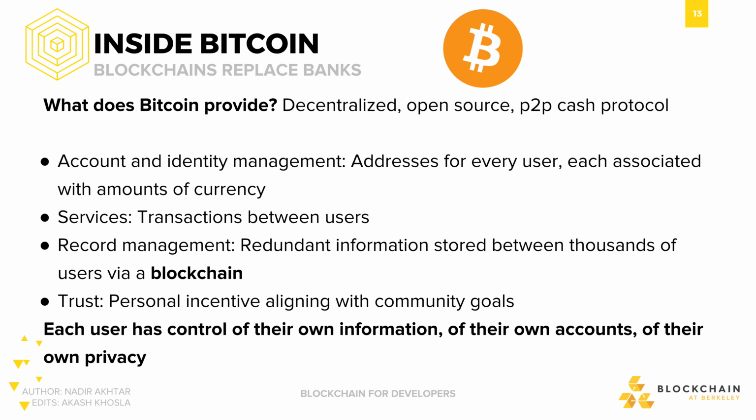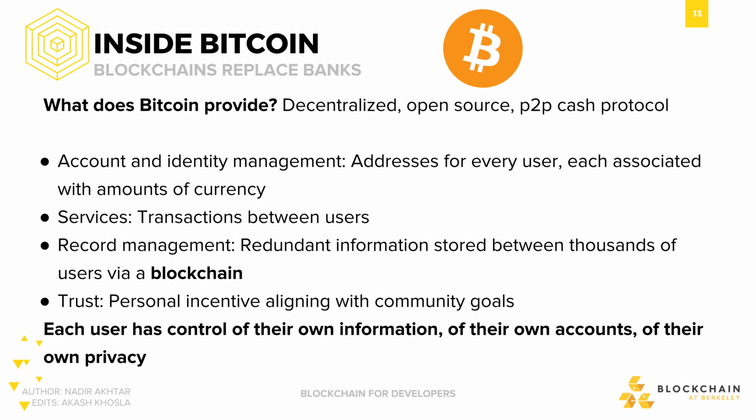The cool thing is that every user has control of their own information, their accounts, and their own privacy. It's very decentralized in that sense. Bitcoin has some problems, but we won't go into that. Ideally, everybody's in control, and it's the perfect crypto anarchist mechanism for dealing with money.